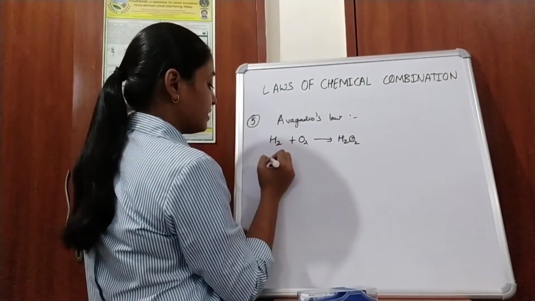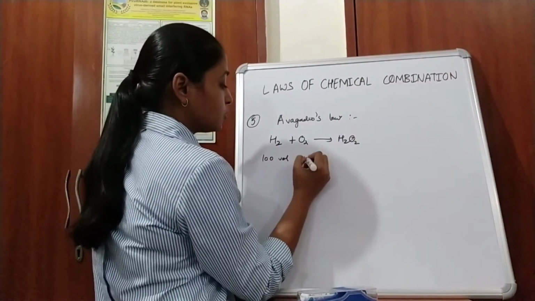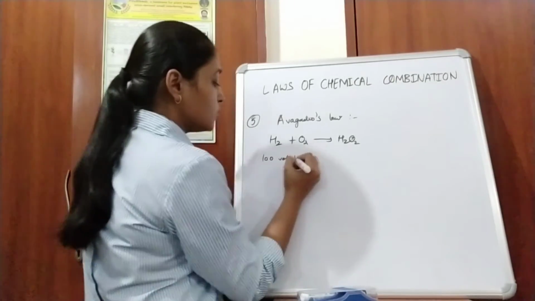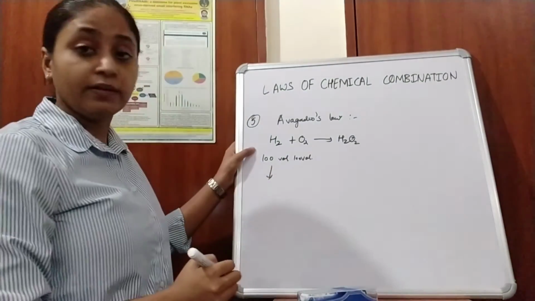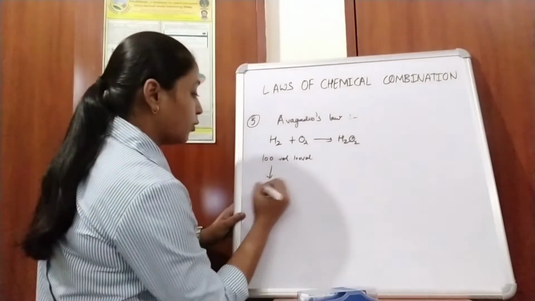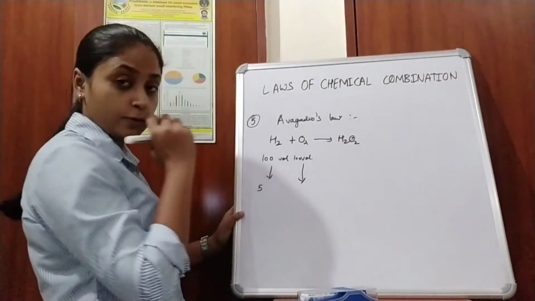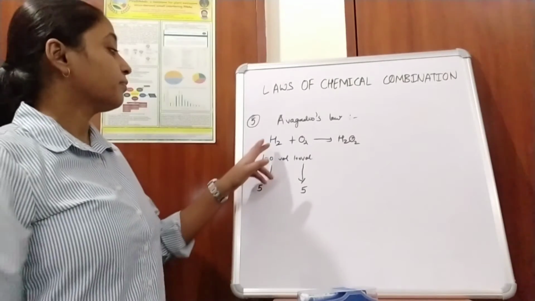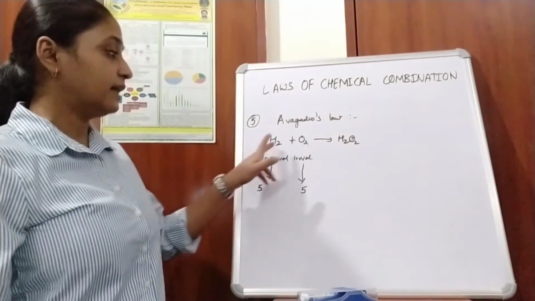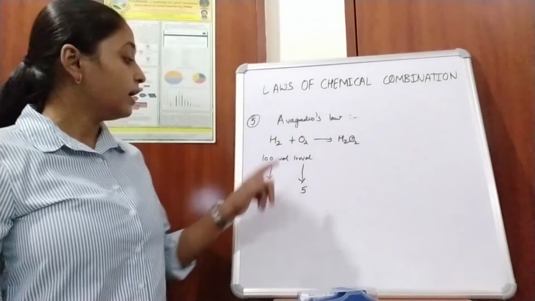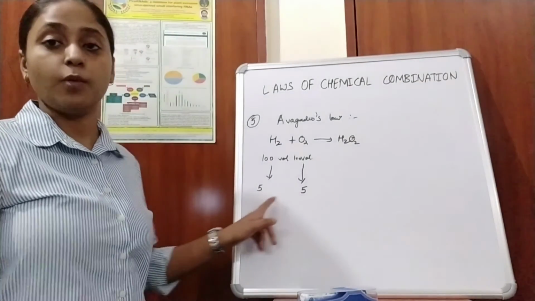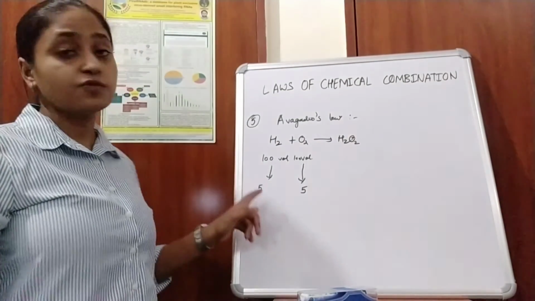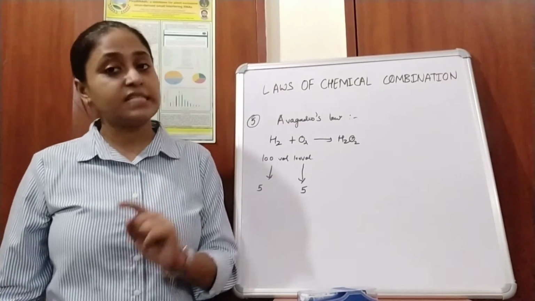Here, if it is 100 volume, here also 100 volume. So if hydrogen contains 5 molecules, then oxygen will also contain 5 molecules, right? So if equal volume of gas at the same temperature and pressure contain equal number of molecules, this is what Avogadro's law says.